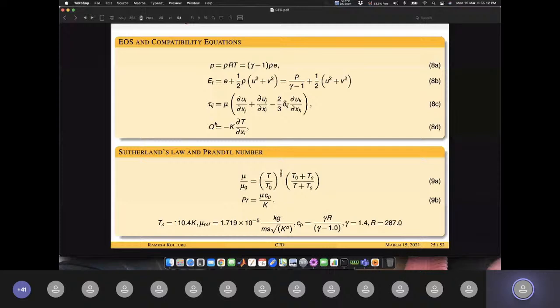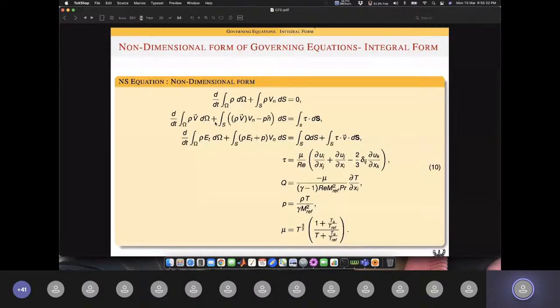These are the basic governing equations that we have, and those governing equations have certain dimensions associated with them. If you want to solve any mathematical equation, we know that from the equation homogeneity perspective, the order as well as the dimension should match. So we'll try to non-dimensionalize those equations.